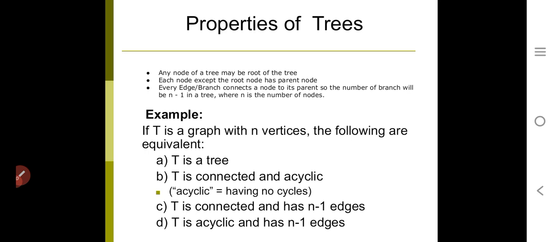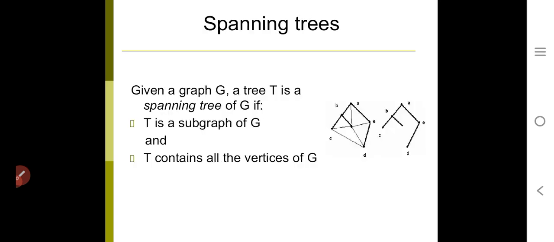Then we saw what a spanning tree is. A spanning tree is also a subgraph, denoted as a spanning tree with some condition. The subgraph that contains all the vertices of the basic graph G is called a spanning tree.